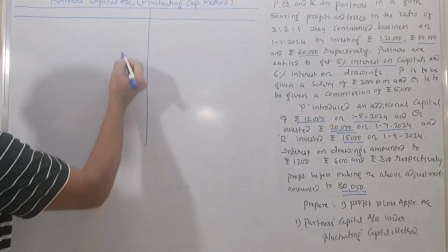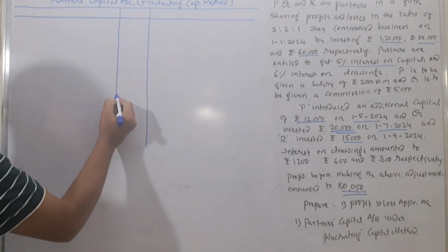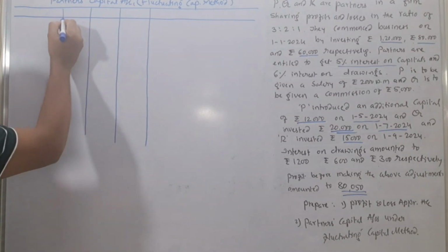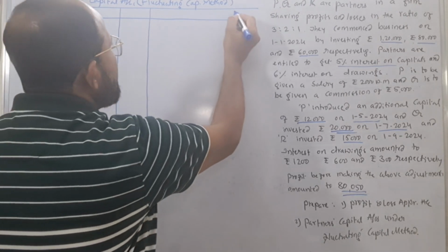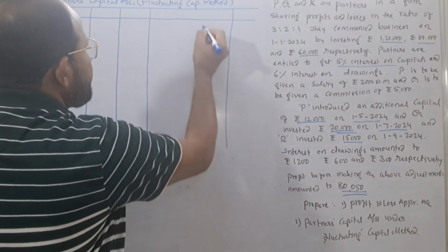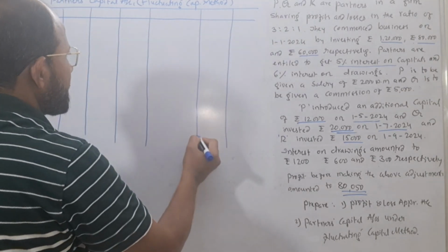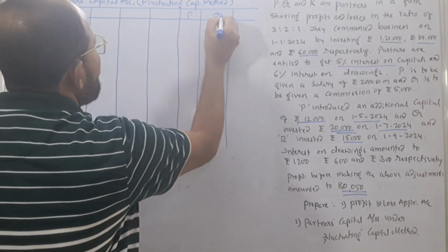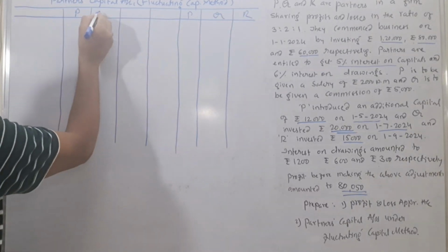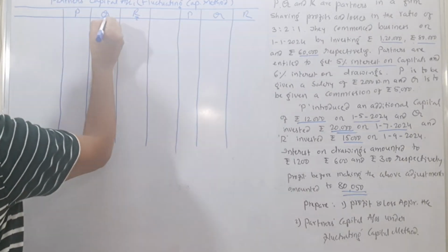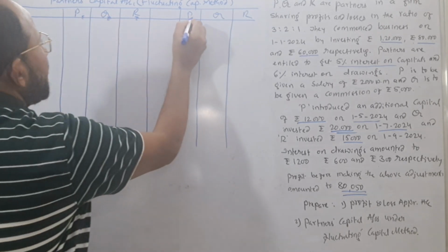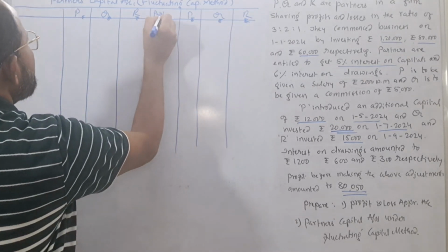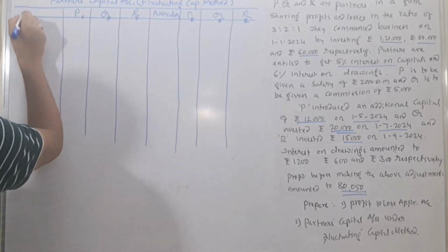That is why we provide 3 columns on both the sides. P, Q, and R. You write P, Q, and R. You write amount in rupees of the last three columns here. Next one is you write here particulars. Here also you write particulars.